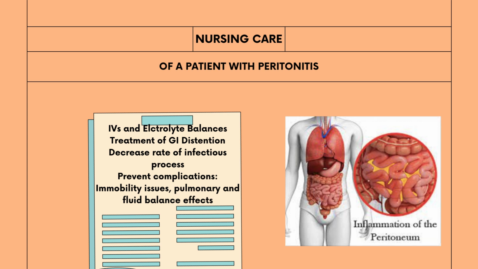If for some reason we're giving too much fluid, or the patient has heart failure or kidney disease, and say they're not filtering out the fluid as well as someone who doesn't have those things would, we can actually put them into respiratory distress. So we want to make sure that their lungs sound clear, and that we have an adequate fluid balance for them and aren't giving them too much fluid.